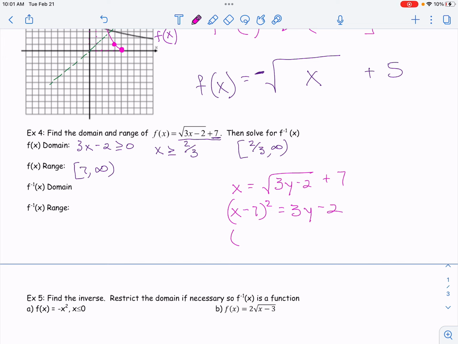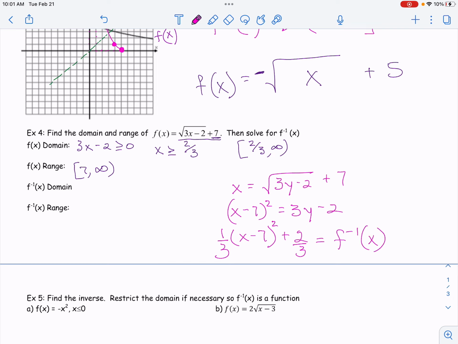I'm going to add 2. Add 2. And I'm going to divide by 3 or multiply by 1/3. Since I already have stuff, I'm going to multiply by 1/3. So that means the 2 is also going to be multiplied by 1/3. And my inverse equation is this.